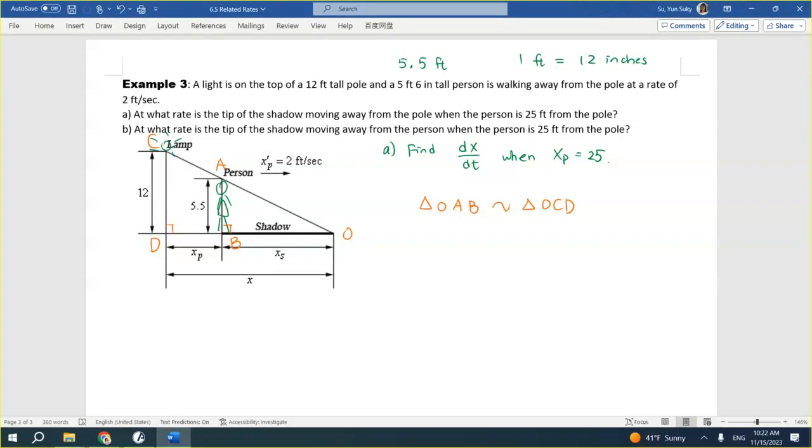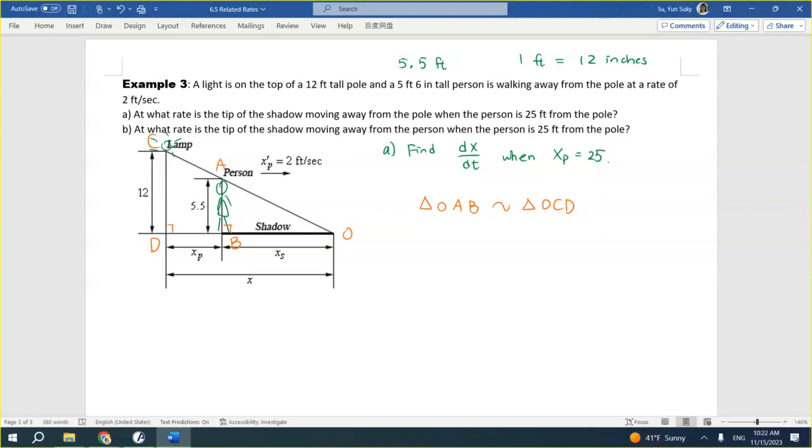Yes? So similar triangles, then the ratio of the corresponding sides are the same, right, everybody? So here, which side do we consider? We know the information of AB and CD. We should use these sides, right?